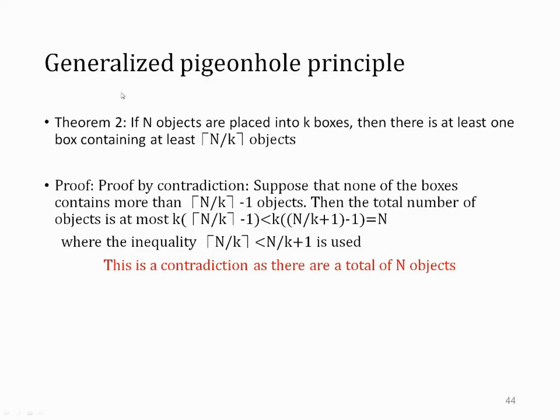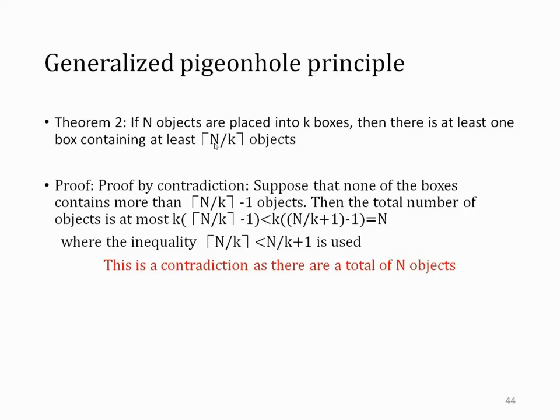So in mathematics, we will represent the upper bound like this. If n objects are placed into k boxes, then there is at least one box containing at least the upper bound of n by k objects. So here we are going for proof by contradiction. Suppose that none of the boxes contains more than the upper bound of n by k minus 1 objects.